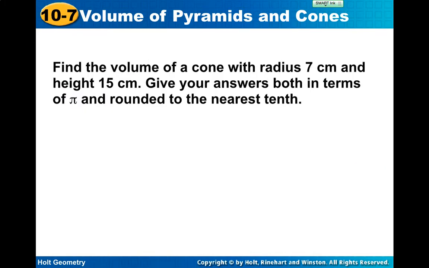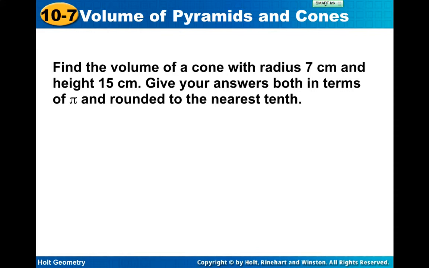So try and do the volume of the cone. That has a radius of 7 and a height of 15. And answers both in terms of pi and in rounded. Some of these in terms of pi will have a fraction because of the 1/3 part.